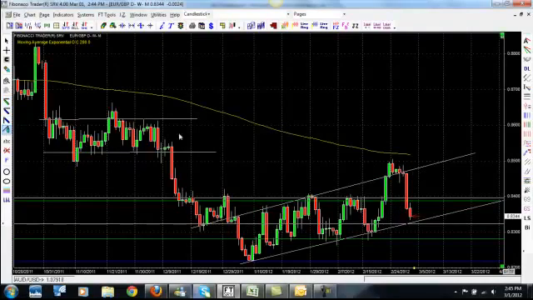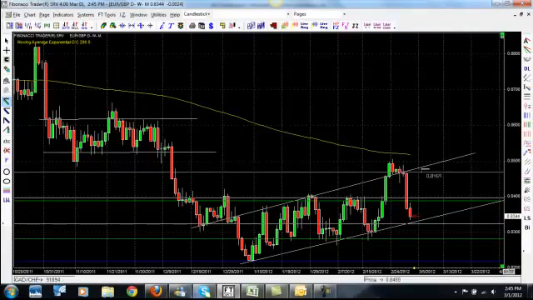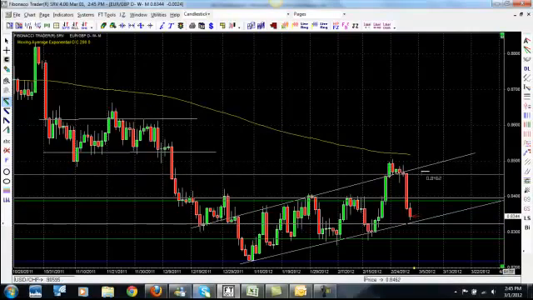Because we're running in this little sideways to upwards channel, we're going to pull out our profit right around 84.67. Let's pull back to this right in this range here. That looks pretty good. Yeah, 84.62.